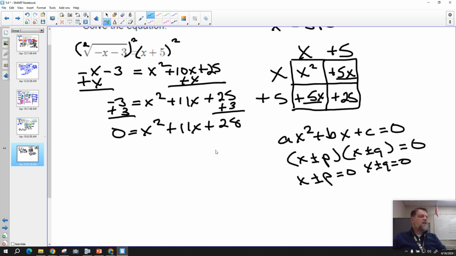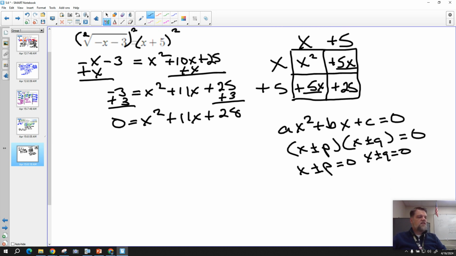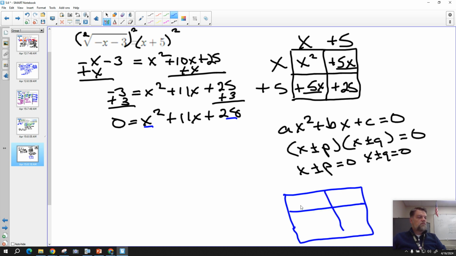So now to factor this, I need to think to myself, I'm going to take the first term and the last term, so I'm going to draw the grid. The first term is x squared, the last term is a positive 28.